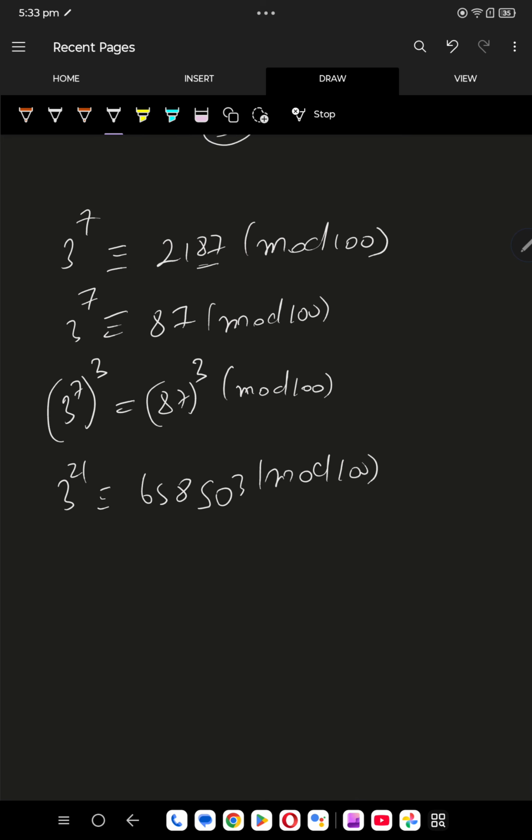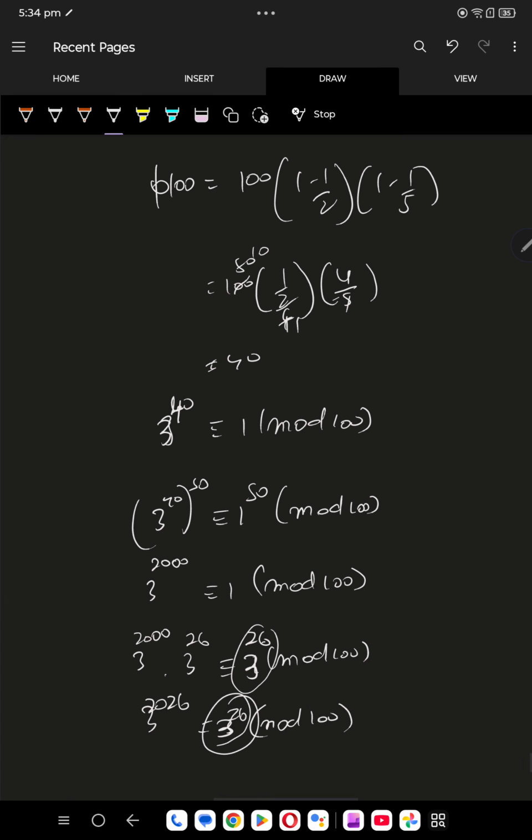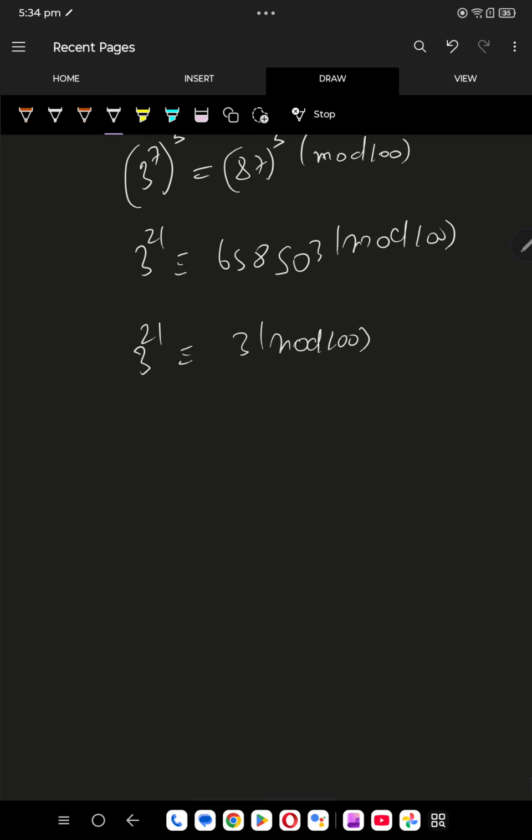Last two digits, basically remainder is going to be 3, so 3 power 21 is congruent to 3 mod 100. We want 26, correct? So 3 power 21 into 3 power 5 is congruent to 3 into 3 power 5 mod 100. So 3 power 26 is congruent to 3 power 6 mod 100.